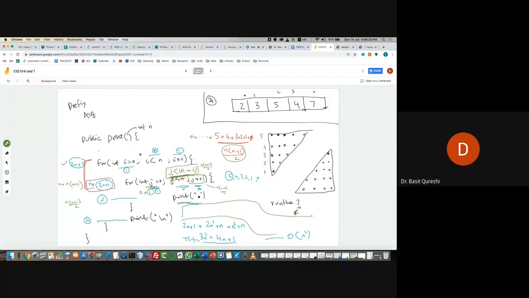If you rewrite all of this together, we're going to get the same thing as before. The blue ones, 2n plus 1, and this n. Remember there's only 4 lines here. So I'm going to get 3n plus 1 plus this n plus n times n plus 1.